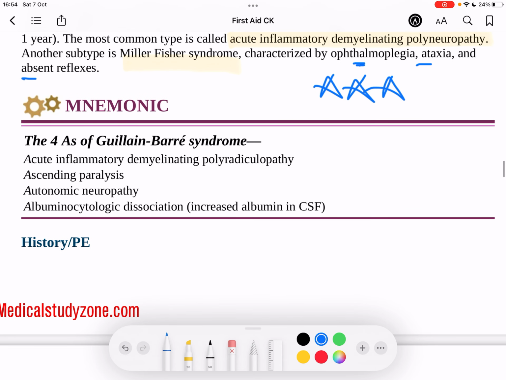So just a quick mnemonic to talk about the presenting complaints and the history that a patient is most likely to have. Acute inflammatory demyelinating polyradiculopathy, that's what Guillain-Barré is. An ascending paralysis, an autonomic neuropathy, and then the CSF finding of albuminocytologic dissociation, which we'll talk about in a minute.